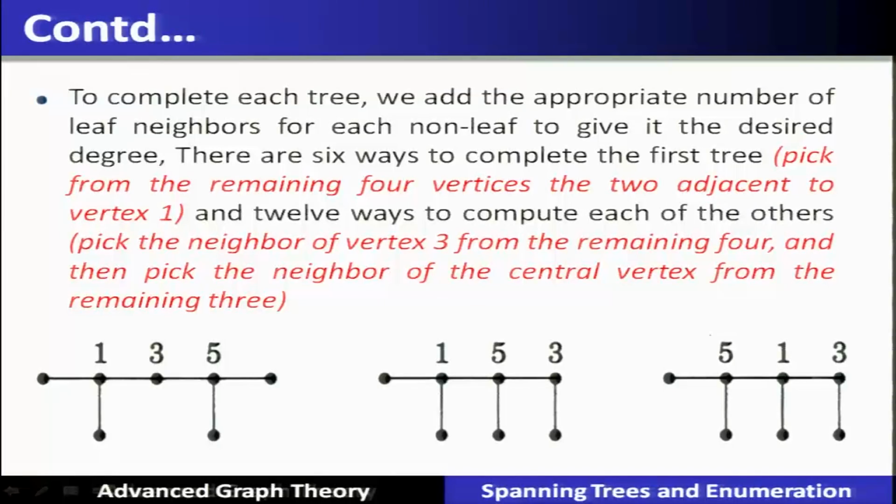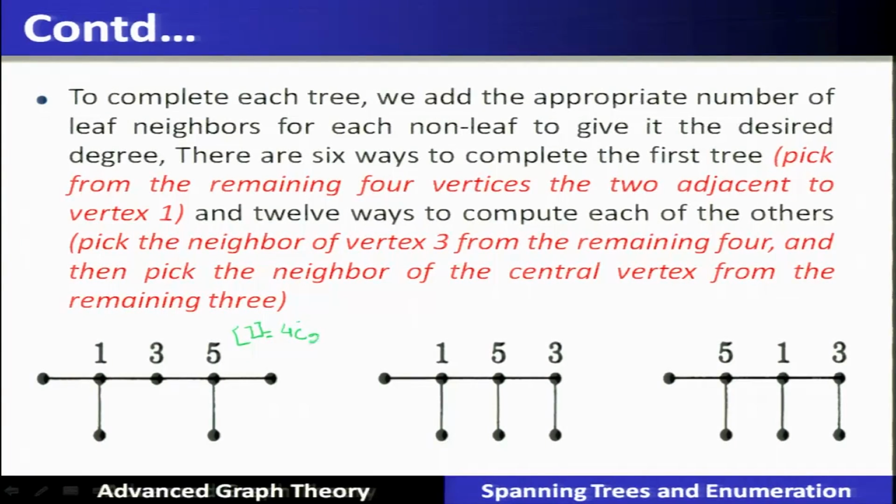So, there are 6 different ways to complete the first tree here. 3 different labels are already used. How many more are there? 4 different labels are remaining out of these 7 labels, because 3 are already used. So, if we choose from these 4 the 2 labels that will be assigned to 1, then the other 2 will be attached to 5.